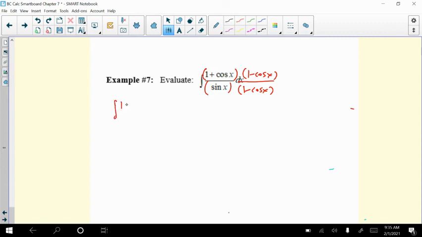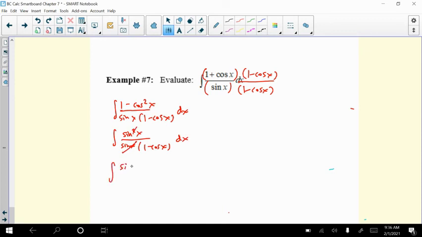So it's 1 minus cosine squared x in the numerator. And let's just leave that factored in the denominator, sine x times 1 minus cosine x dx, because my numerator will simplify to sine squared of x, and that's sine of x. And that's 1 minus cosine of x. And the reason I liked that to be factored is because that sine will cancel with one of those.